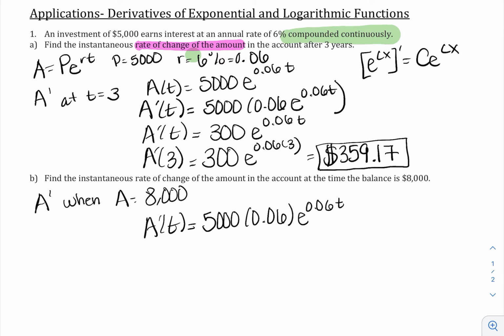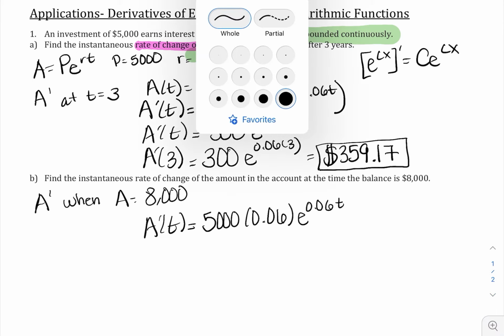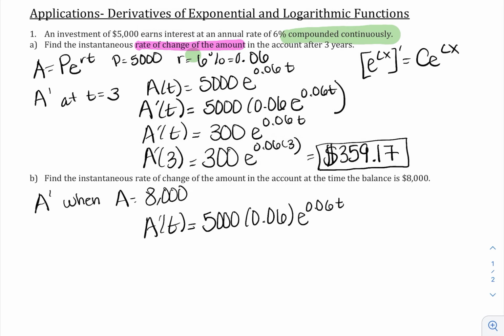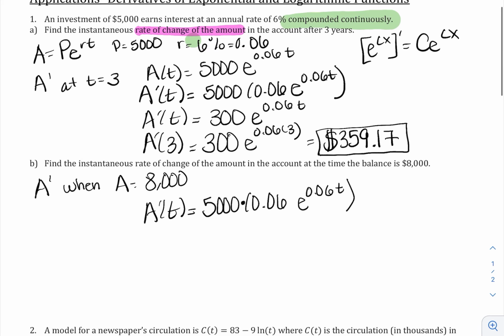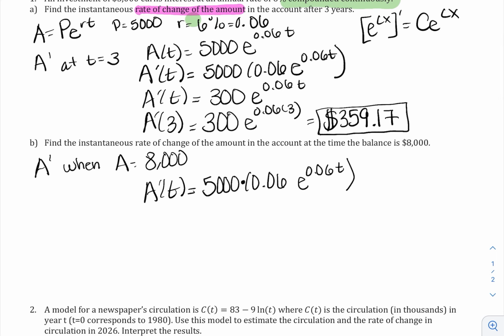Now, I know that before, the parentheses was here. So let me put it here. But all of these things are being multiplied together. The 5,000 is being multiplied by the 0.06, and the 0.06 is being multiplied by the e to the 0.06t.